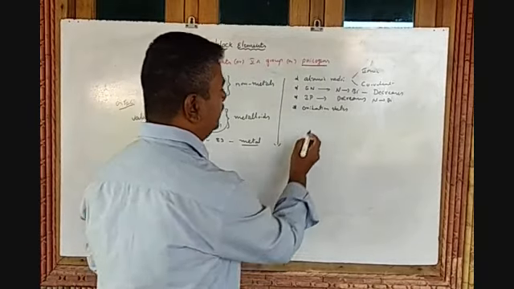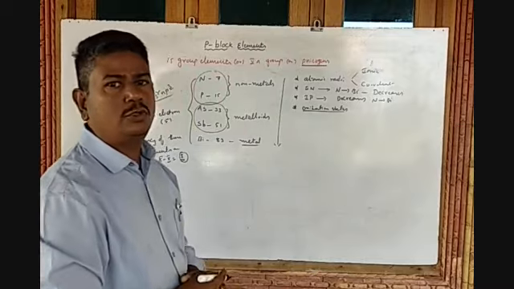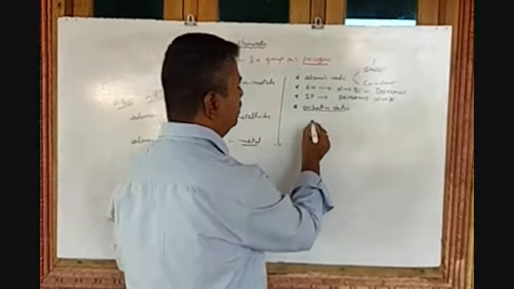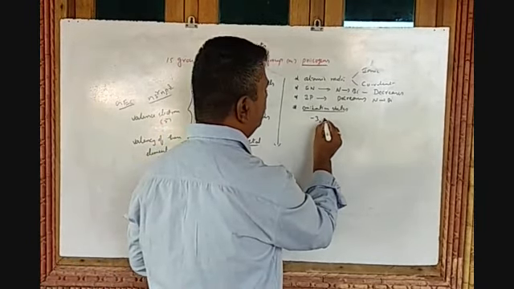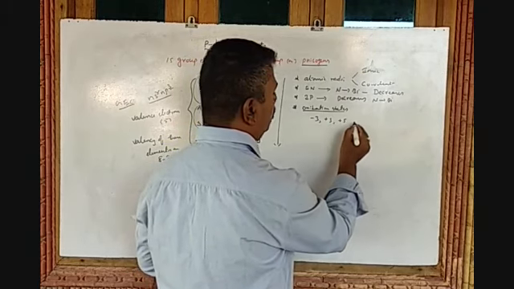Now what about the oxidation states? These group elements generally show -3, +3, +5 oxidation states.